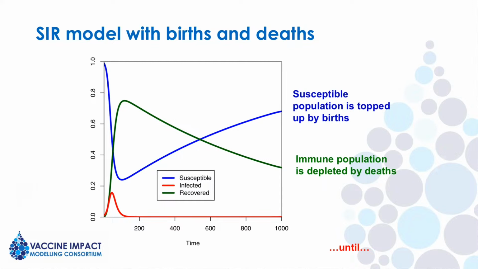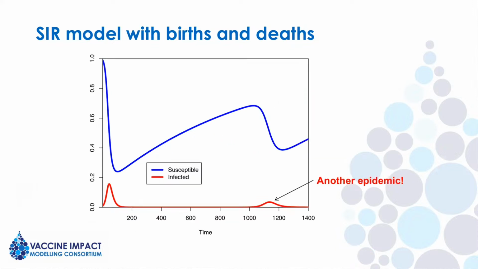So the recovered class, the number of people in there, starts declining just through per capita mortality. If this proportion of people susceptible grows enough, it means that we've got enough people to fuel another epidemic, because we always need susceptible people to exist before we can start infecting them. So we need to reach a threshold where there's enough people in the population who are susceptible to fuel another epidemic.